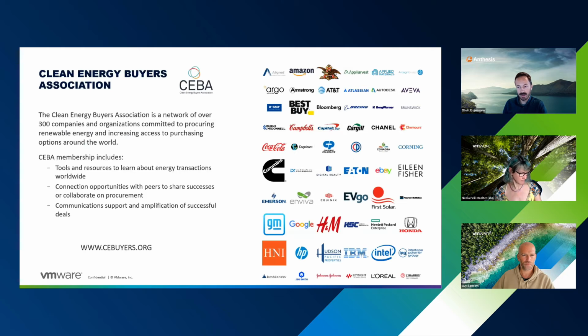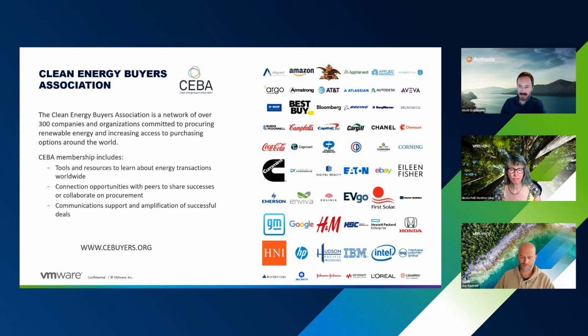Also wanted to highlight another organization for you guys called SIBA. So SIBA is the Clean Energy Buyers Association. They're a network of over 300 companies like yourselves that are committed to procuring renewable energy globally.